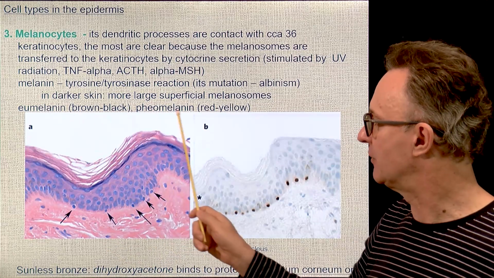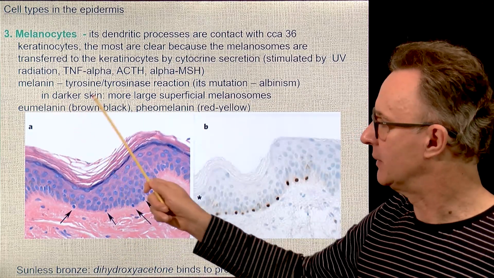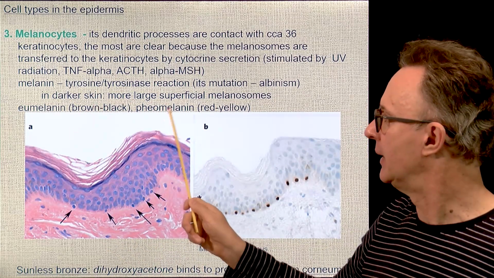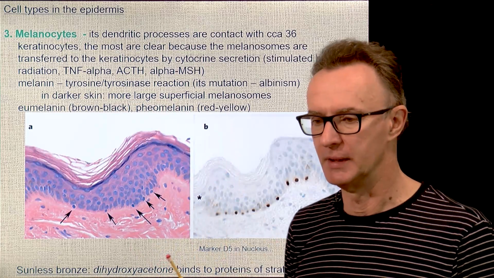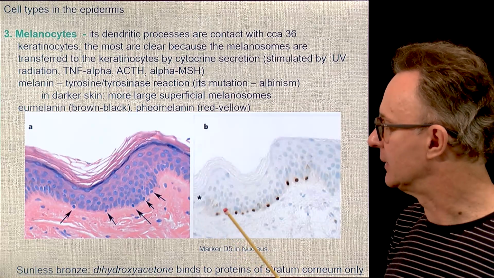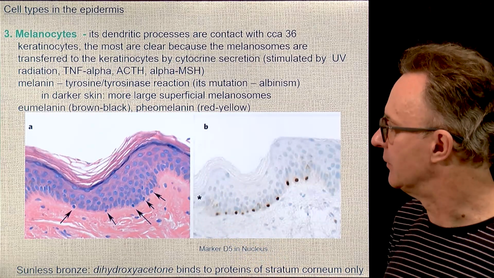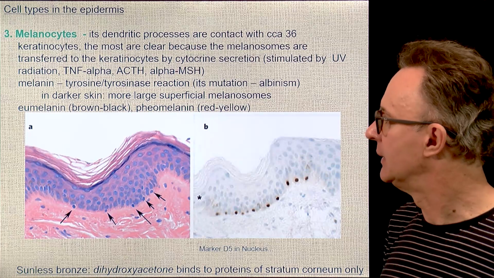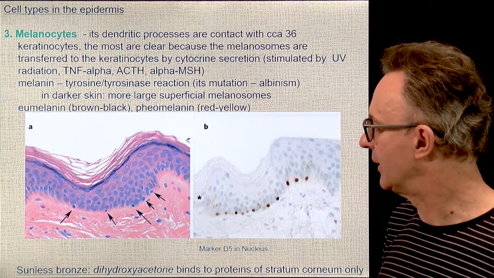We have two types of melanin. We have eumelanin, which provides the brown-black color, and the pheomelanin, which gives the red-yellow color, and the combination of these will result in a quite high variation of the skin and later hair colors.